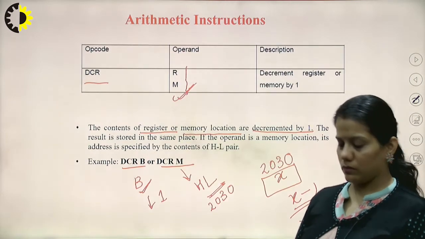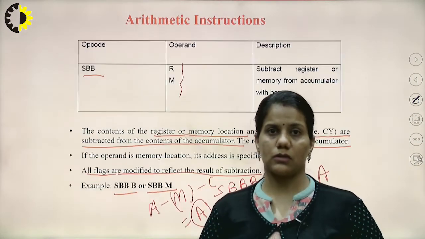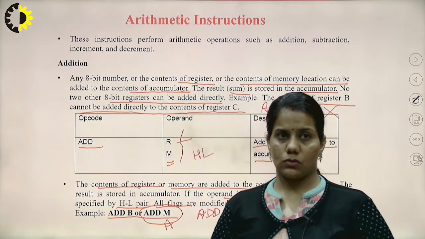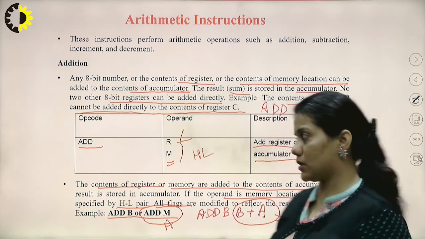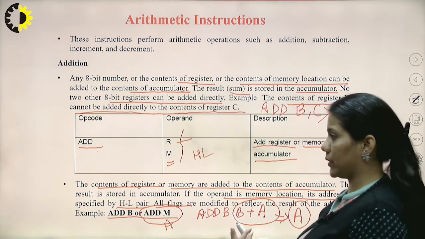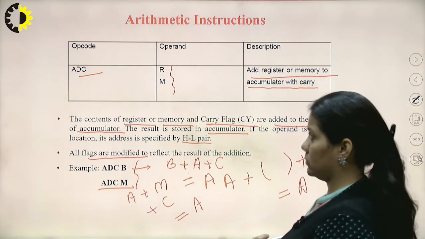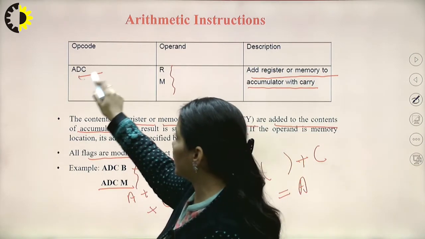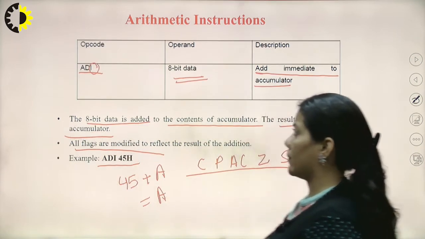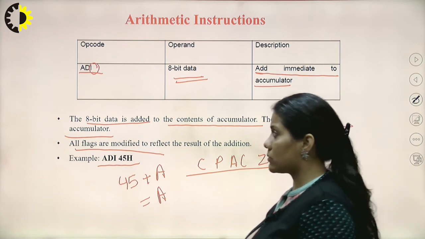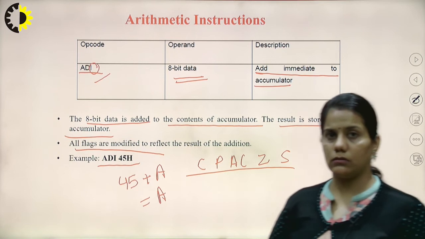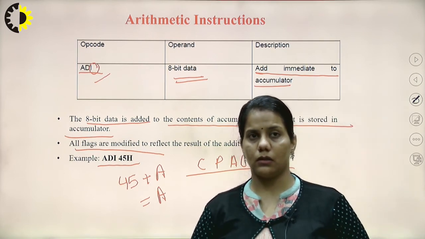So today, under the category of arithmetic instructions, let's summarize what we studied. First of all, there is the basic instruction of addition, which will add the accumulator contents with the operand. Next was the ADC, which will add the accumulator contents with the operand as well as with the carry. Next instruction will add the contents of accumulator with the immediate data present in the operand.